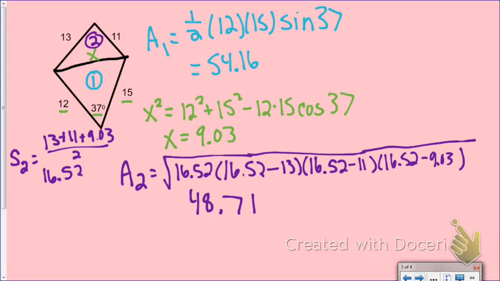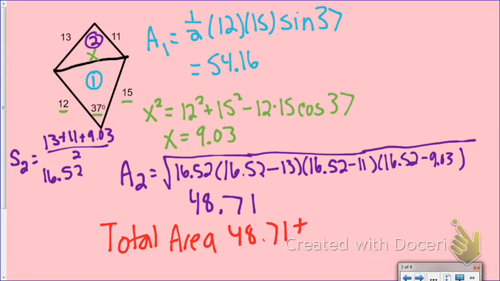So if the second triangle has an area of 48.71 and the first triangle has an area of 54.16, my total area is simply those two numbers added together, which gives me a total of 102.87. So that's it, just a few shortcuts for finding area of triangles.